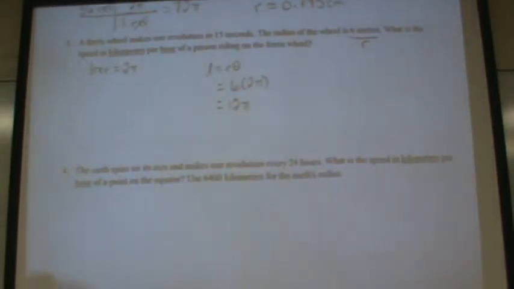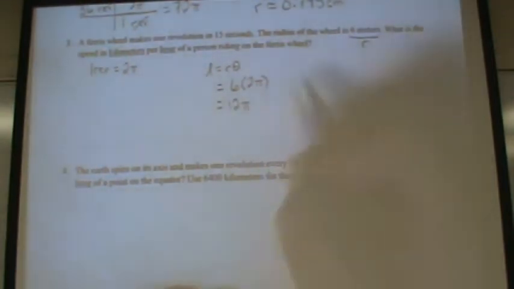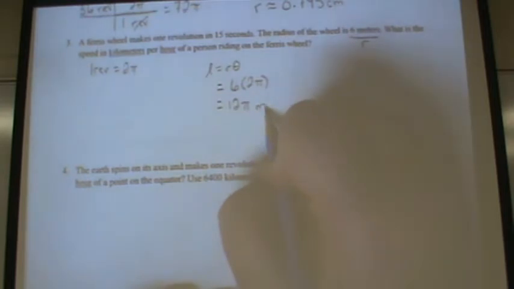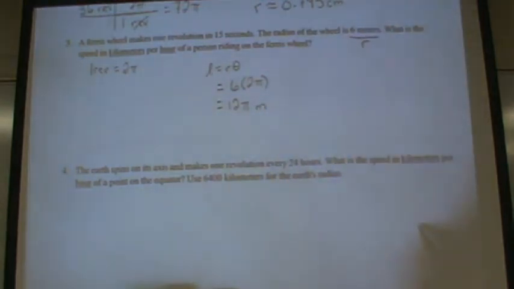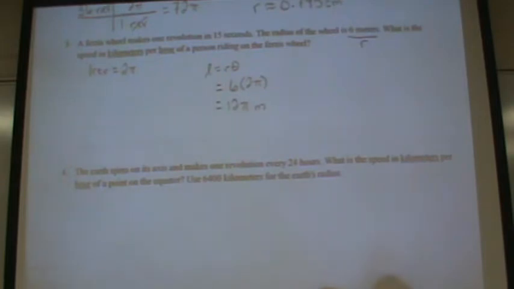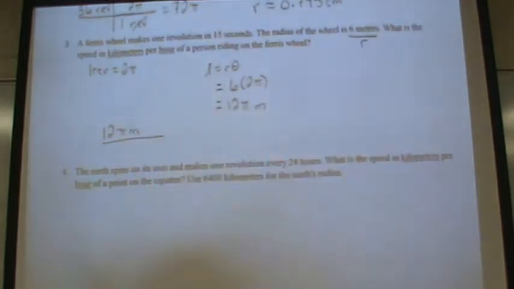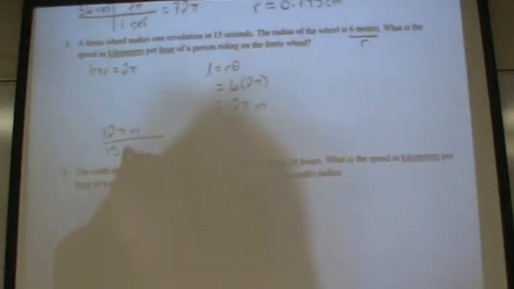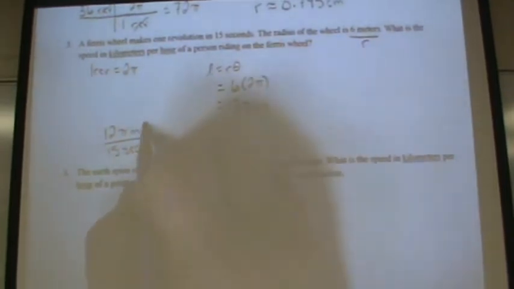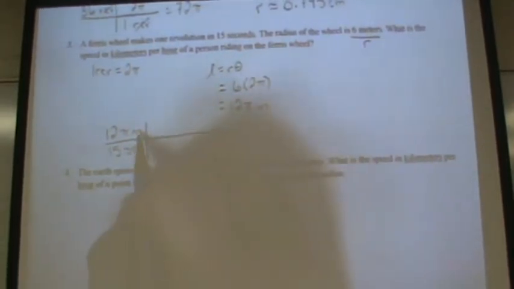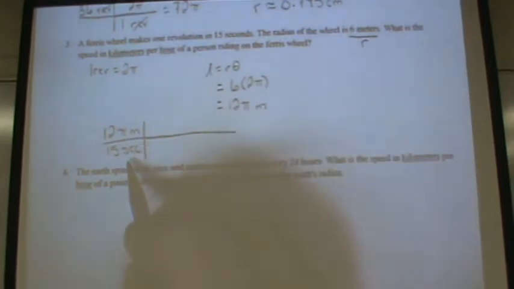And now we need a speed, and our speed needs to be in kilometers per hour. Our length, as it stands right now, is in meters, because our radius was in meters. So we're going to take 12 pi meters, and we know that it made this 1 revolution in 15 seconds, so we're going to put that over 15 seconds. Now we just need to convert our meters to kilometers and our seconds to hours.